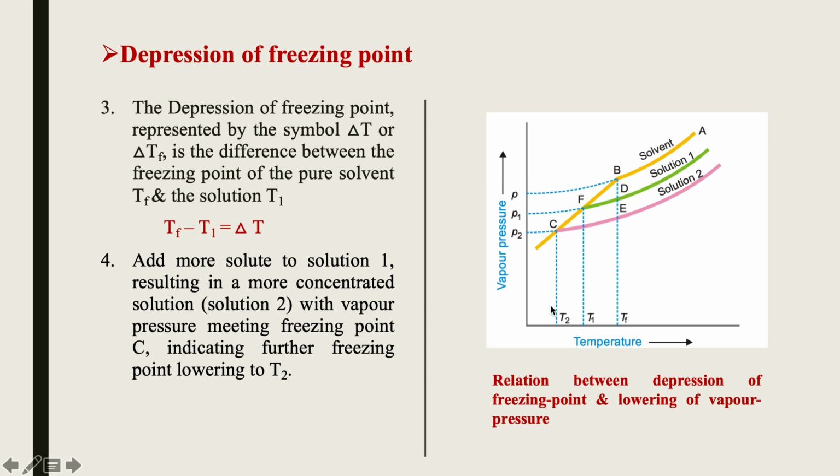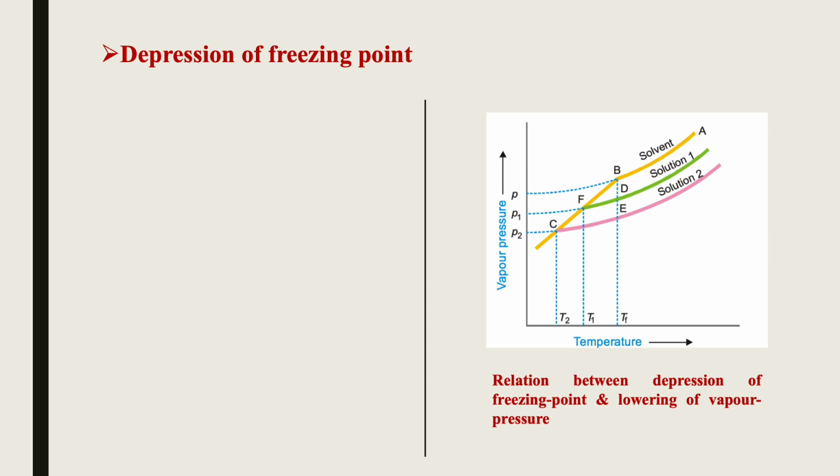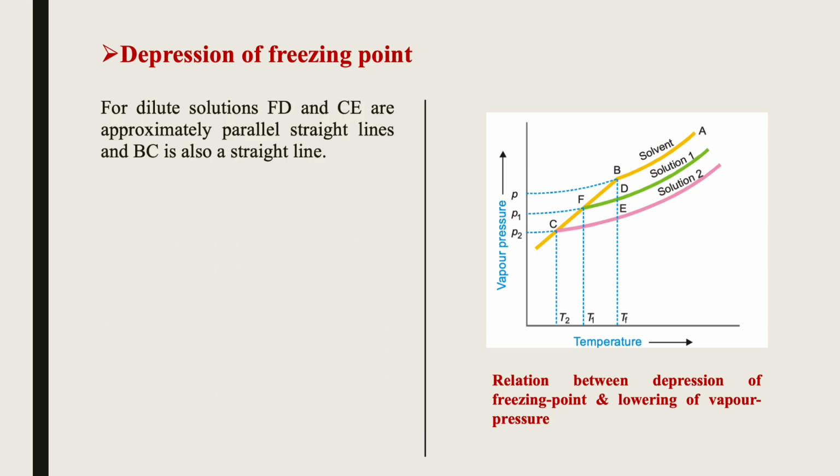So this T2, that is the freezing point, is lower than that of the actual solvent, that is TF. Moving further, this graph of depression of freezing point is only applicable for dilute solutions. So for dilute solutions, that is solution 1 and solution 2, we observe this graph.